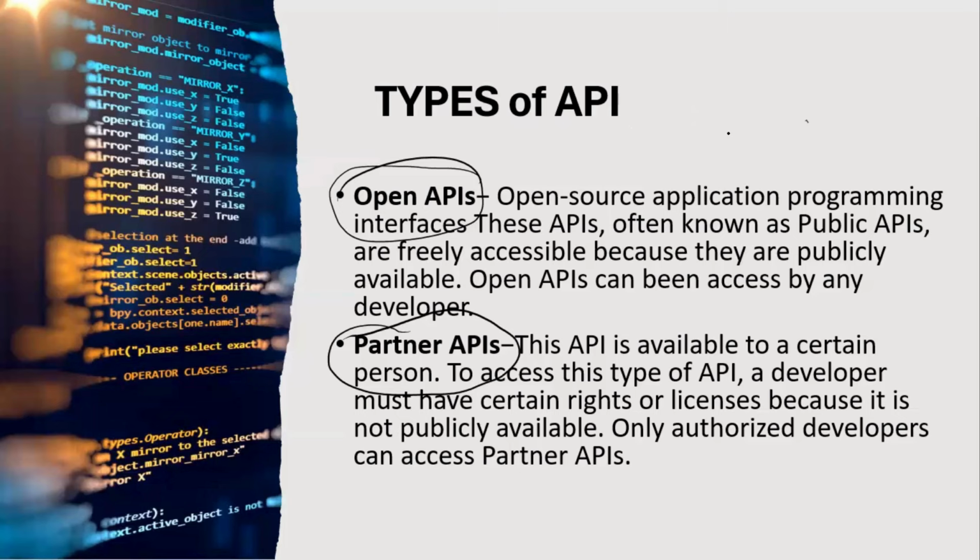No, I have certain authorization. I need to link my bank account with this. I need to provide some KYC details to the Razorpay organization, so that they will create my user, authorize me with certain access, and then I can avail that service. That is partner API.